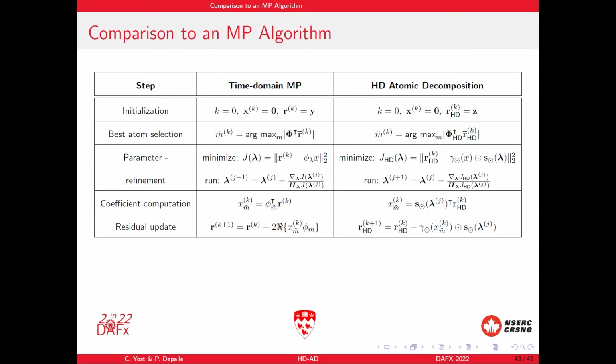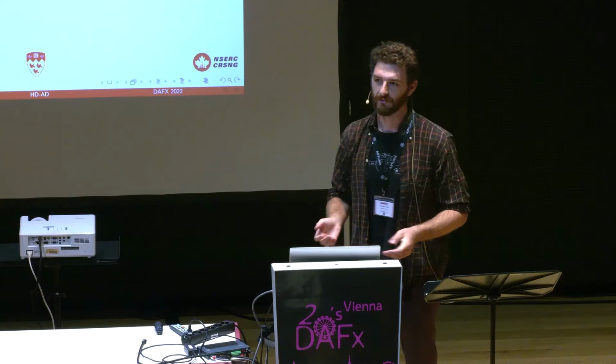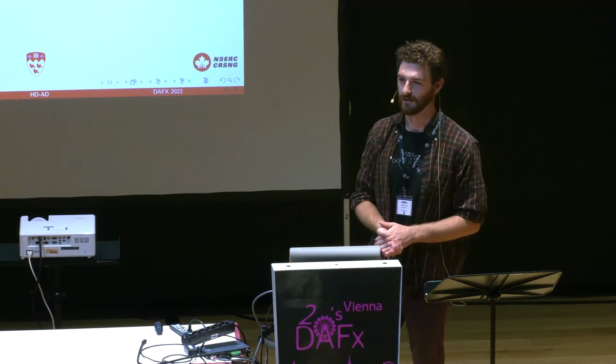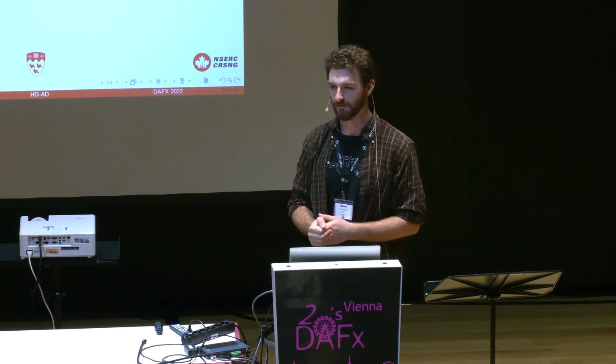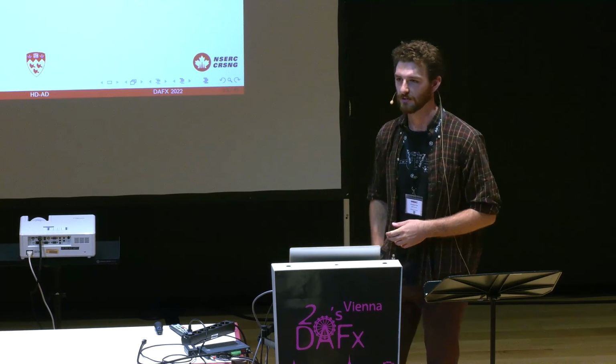So here is a bunch of symbols, but basically what it means is that many of the steps that go into some matching pursuit that you do with waveforms, you can also do with this HDC encoding. The advantage being that they're much, much smaller. So instead of having some 2-second atom sampled at 16 kilohertz, you have a vector of 1,000 samples. So that's a lot smaller.